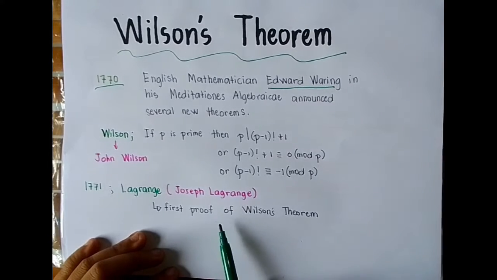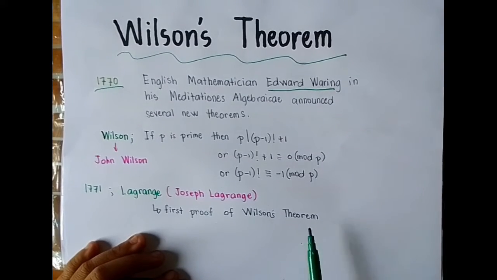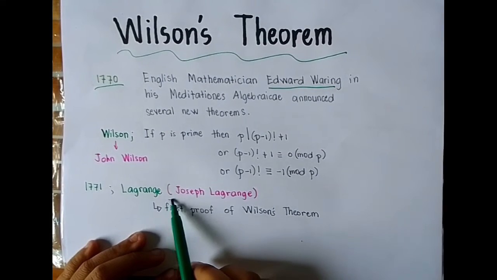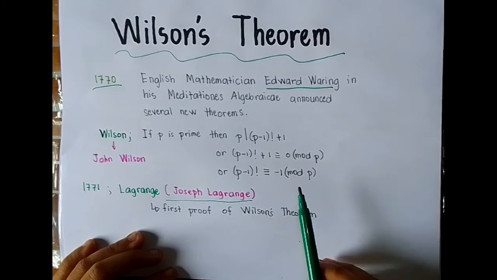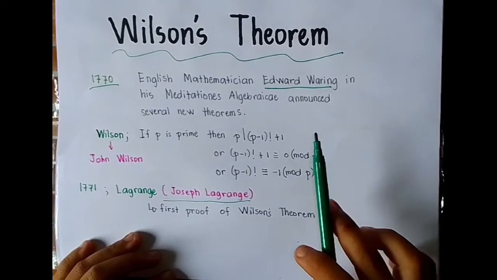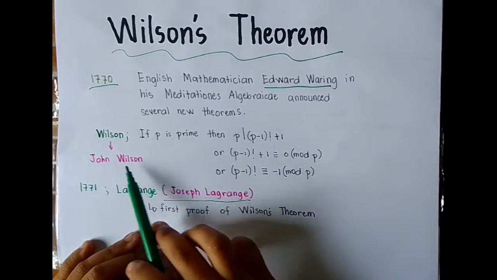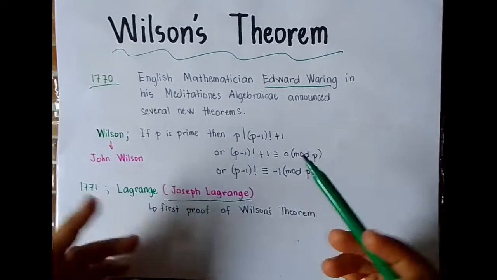And the first proof of Wilson's theorem was given by a French mathematician, Joseph Lagrange, in 1771. The mathematician after whom the theorem is named, John Wilson, conjectured but did not prove it.